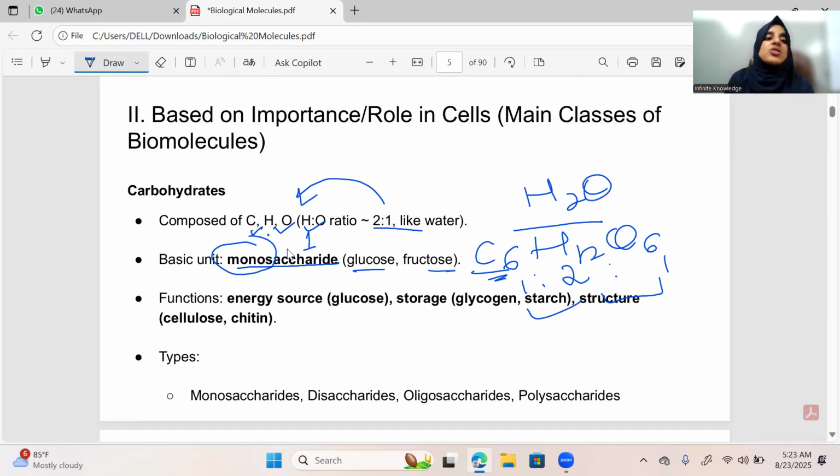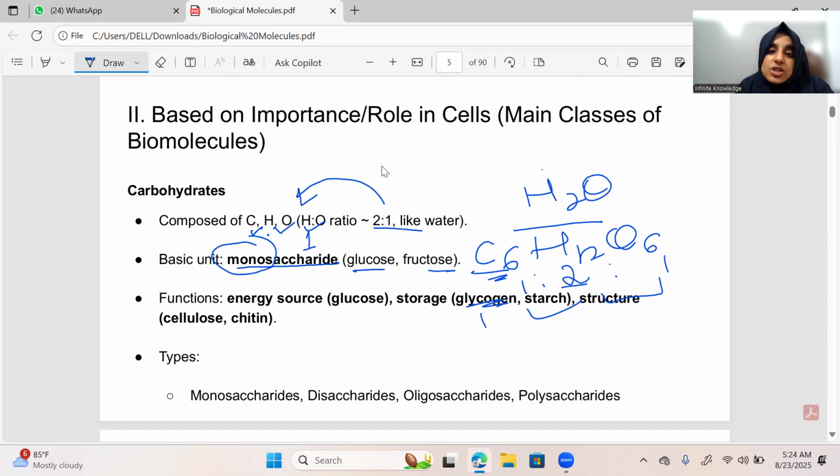Now the functions of carbohydrates: it is a source of energy in the form of glucose. It is also used as a storage material, that is glycogen especially in animals, and starch in plants.